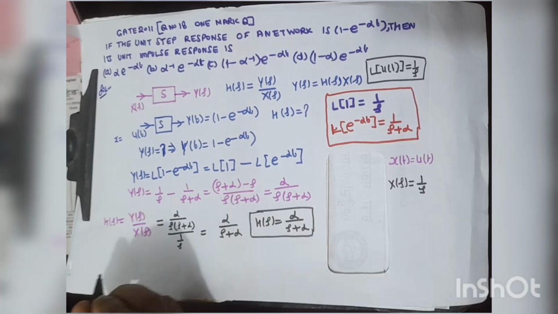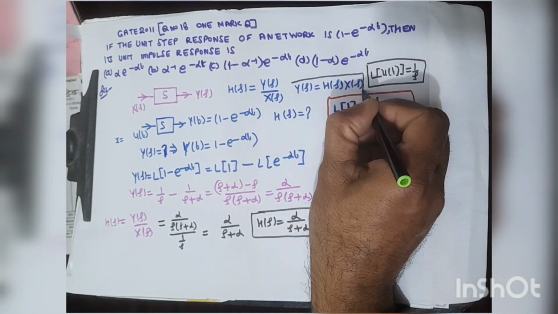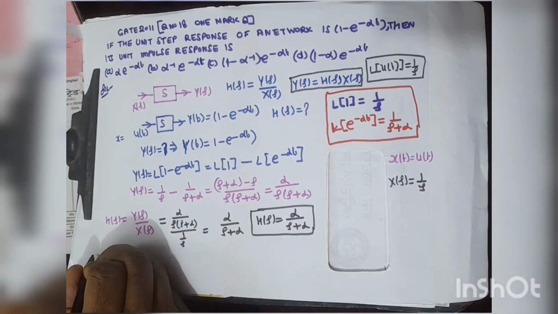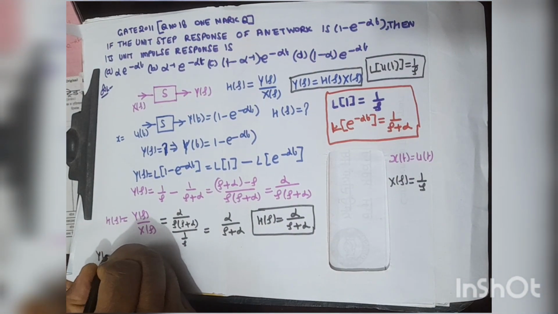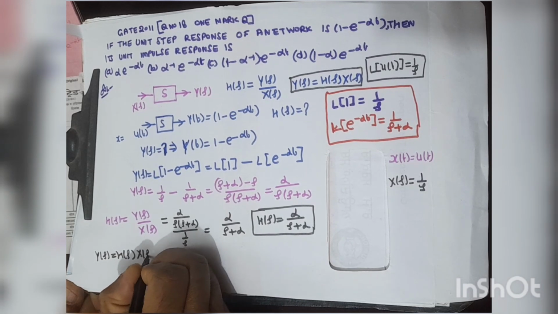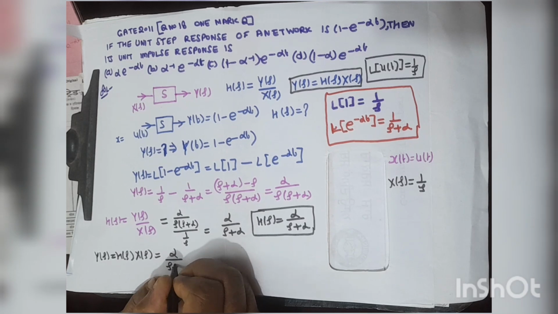Now we have to calculate the output. We have calculated the transfer function as alpha divided by s plus alpha.